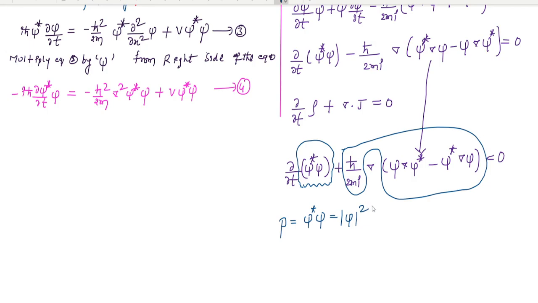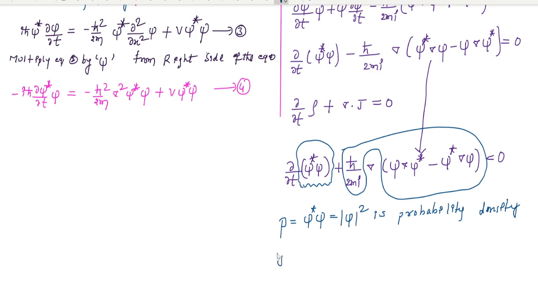So probability density is always positive. Okay, this is probability density. All these notations will help you solve complex problems.